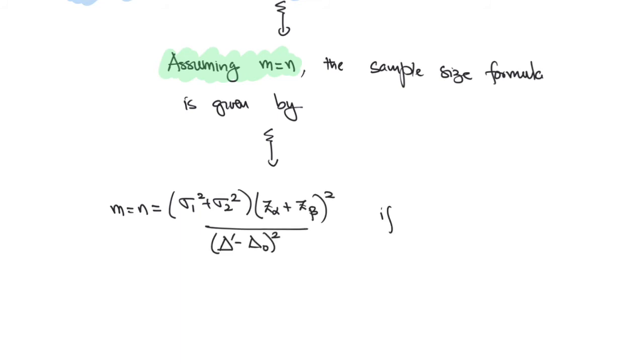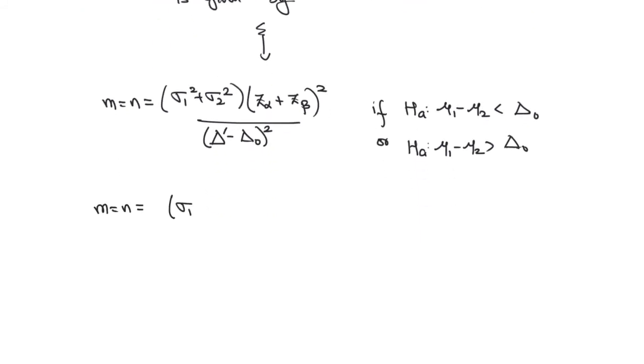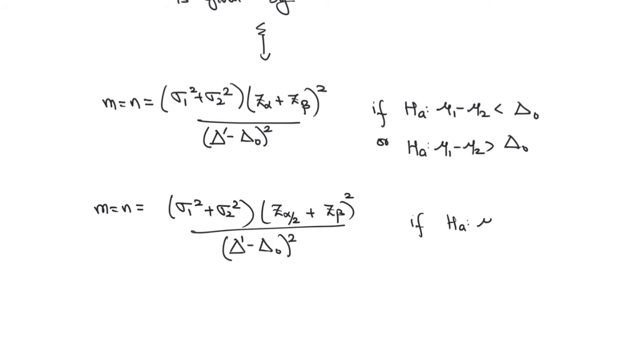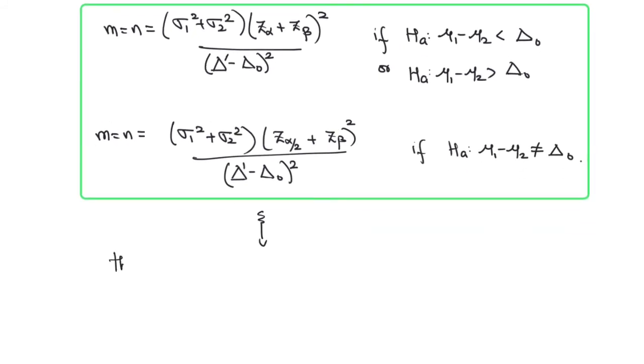For example, in the setting of the two-tailed test, the sample size we will need to get a type 2 error equal to beta would be sigma 1 squared plus sigma 2 squared, times z alpha over 2 plus z beta, the whole squared, the full thing divided by delta prime minus delta 0, the whole squared.